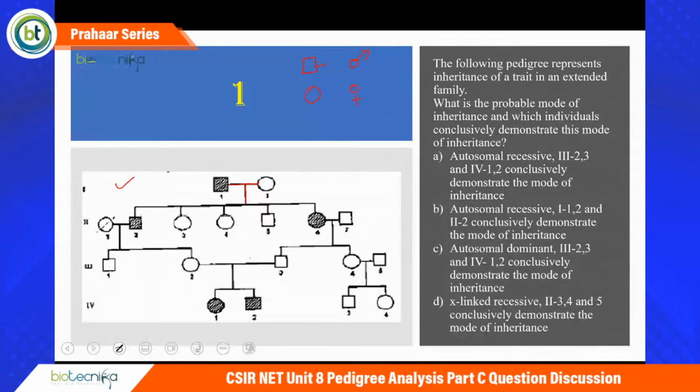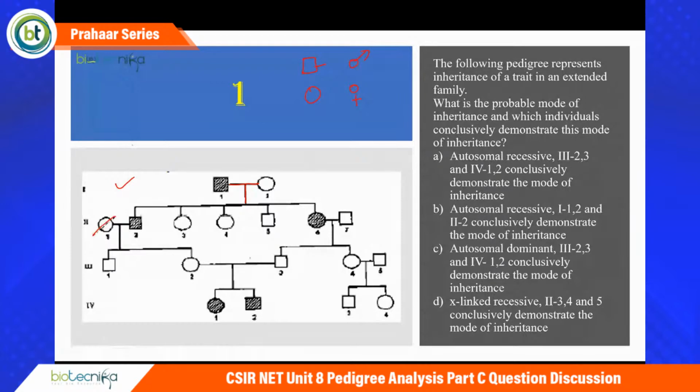The solid squares or solid circles are the ones affected with that particular trait. And this sign here means this person is deceased. Now you have to see what is the mode of inheritance.